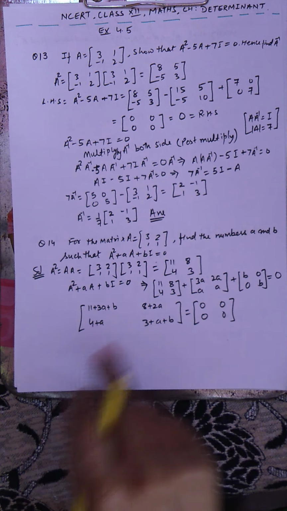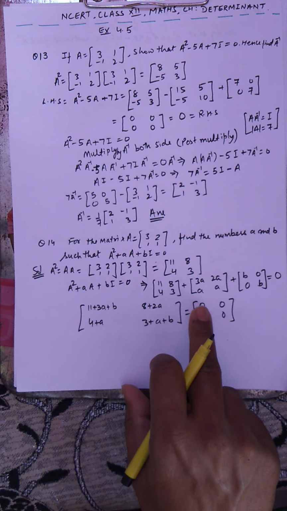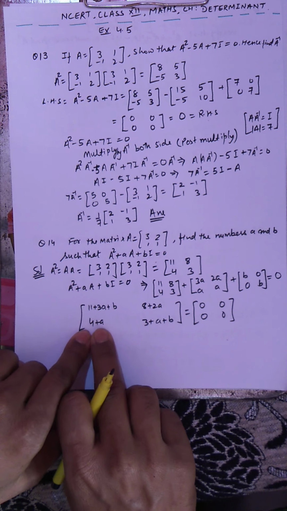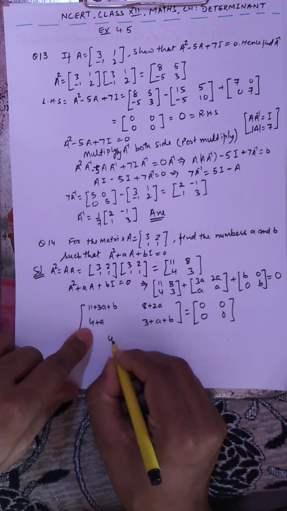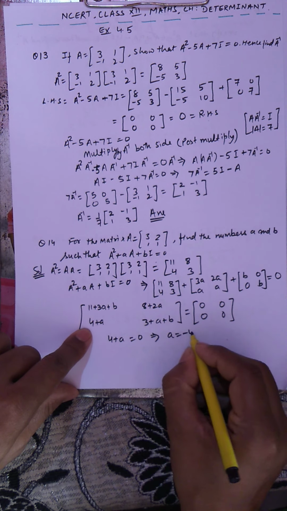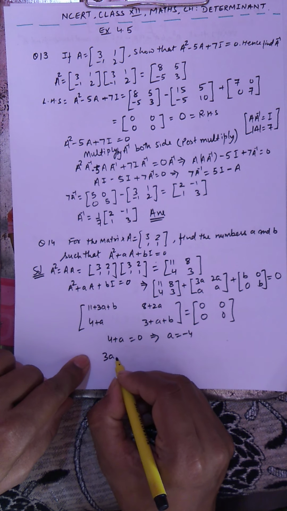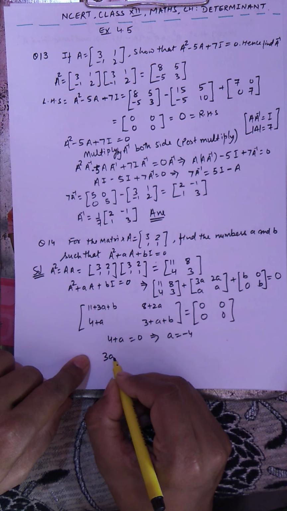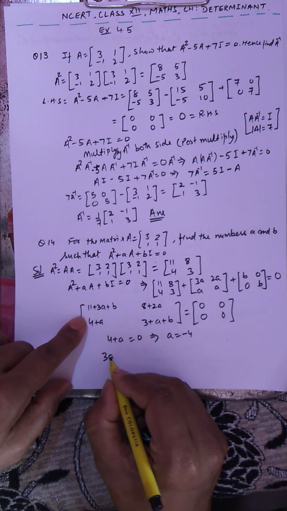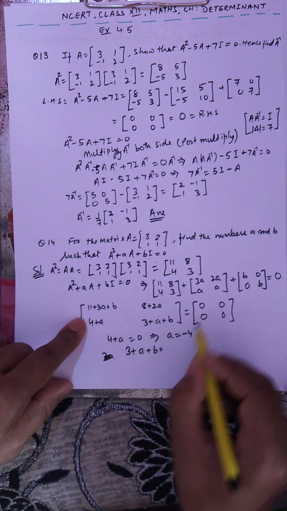Now you have to find the values of a and b. So rather than taking this equation, you can take any two, it never matters, but take the easiest one. You can see this element 4 plus a equal to 0. So from here a is minus 4. And from this one, or you can take another one, it's up to you, 3 plus a plus b is equal to 0.